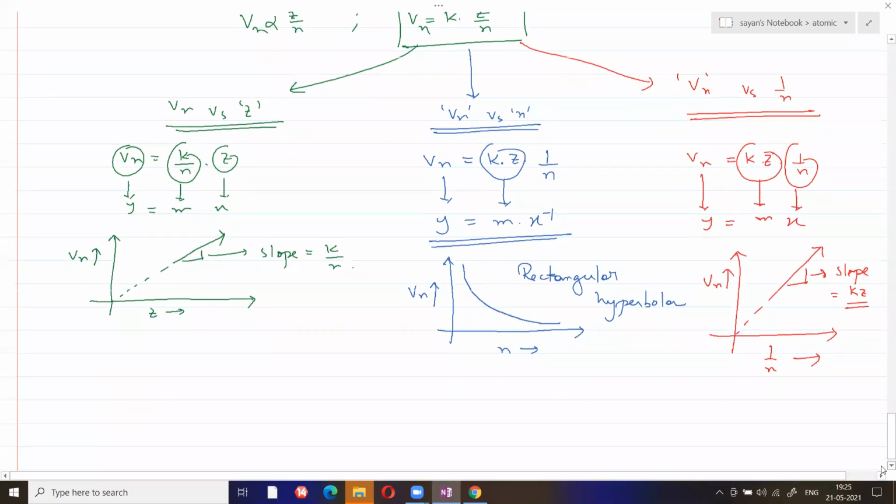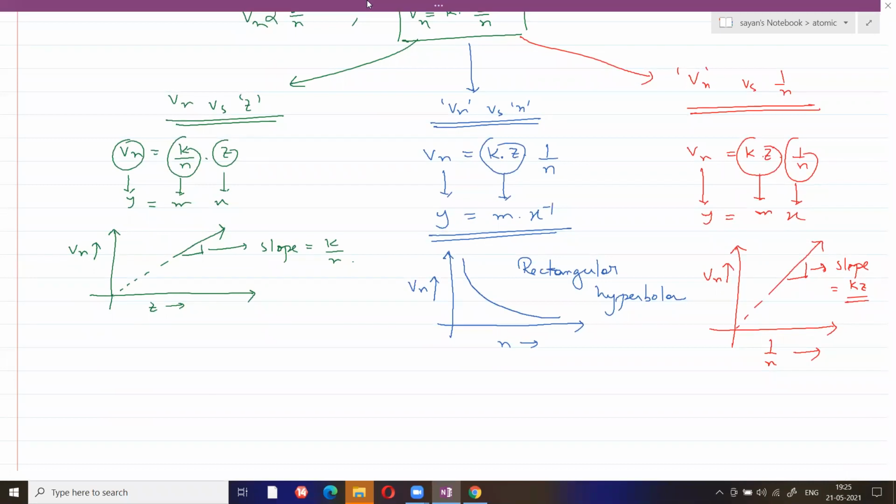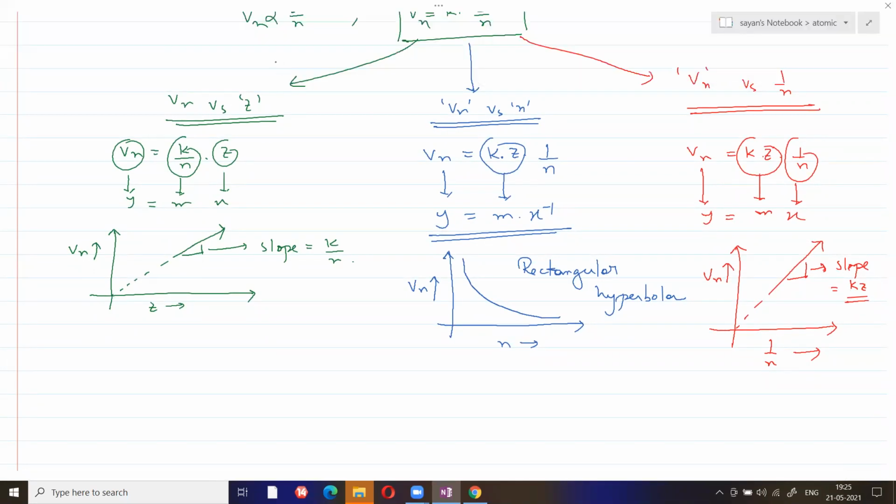Okay. I am giving you one question. Calculate the ratio of velocity v1 and v2. Easy question, very easy.